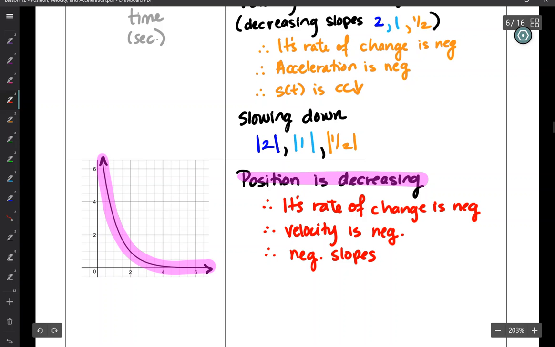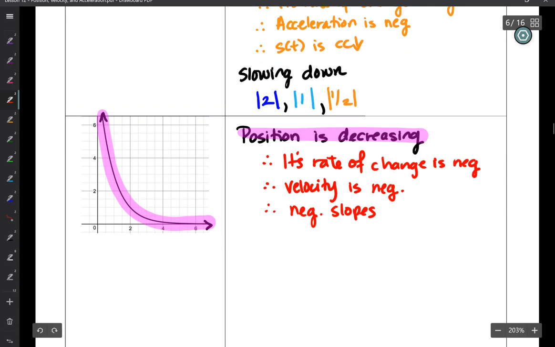Slopes of tangent lines. Now, how would I describe velocity over time? Well, to do that, I want to do a case by case and estimate these slopes. Maybe right here, we have a slope of about -2. Then maybe a slope of about -1, and then maybe a slope of about -0.5.